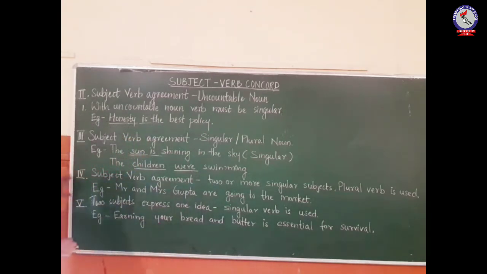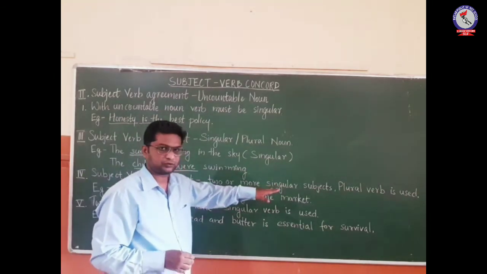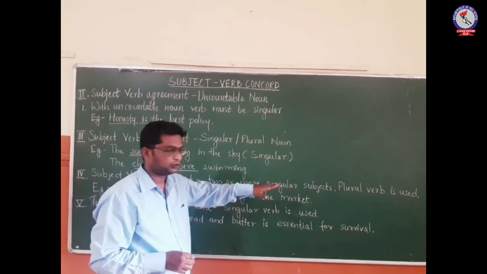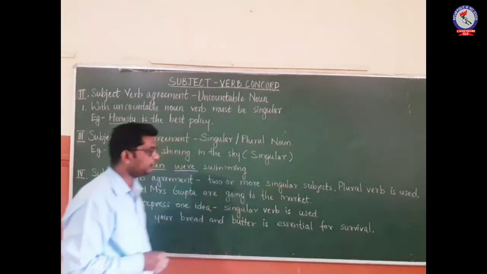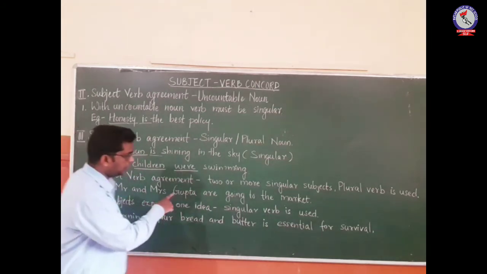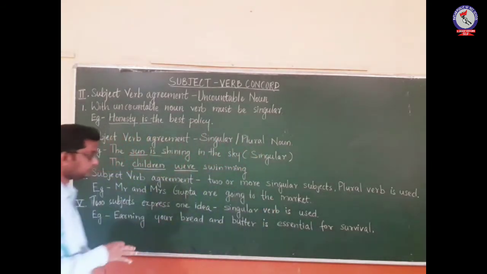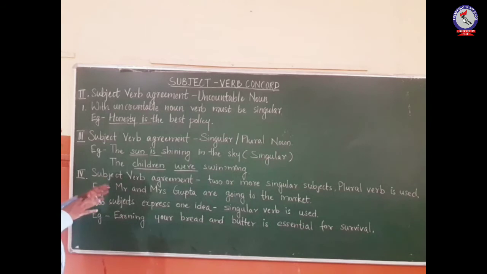Now see the subject-verb agreement. When two or more singular subjects are used, a plural verb will be used. Here, see, Mr. and Mrs. Gupta are going to the market. You see here are two or more singular subjects.